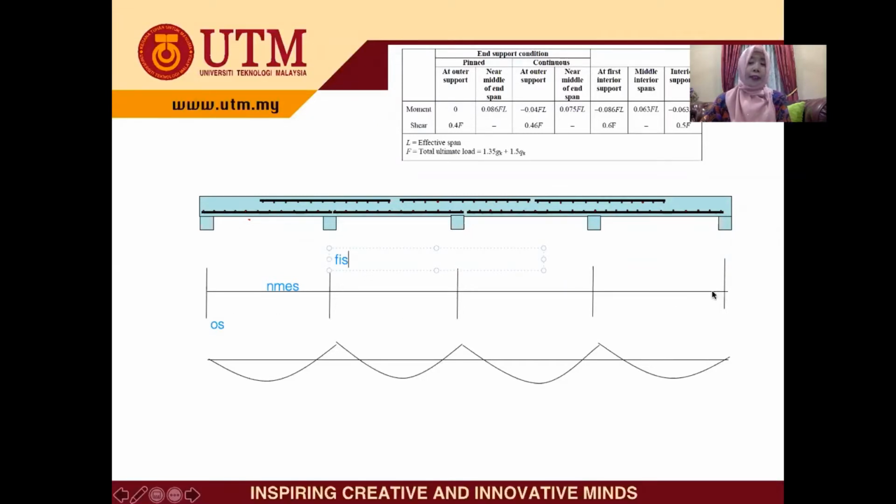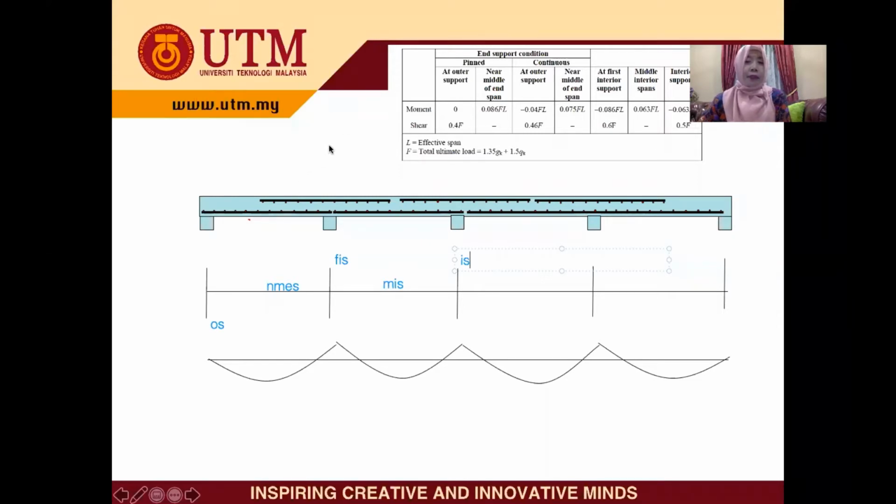OS again, NMES, FIS, and then middle interior span, and then middle interior support. This is interior support, IS. So we repeat again here.